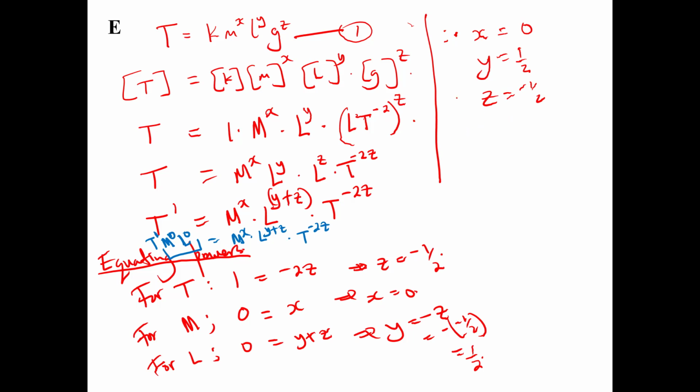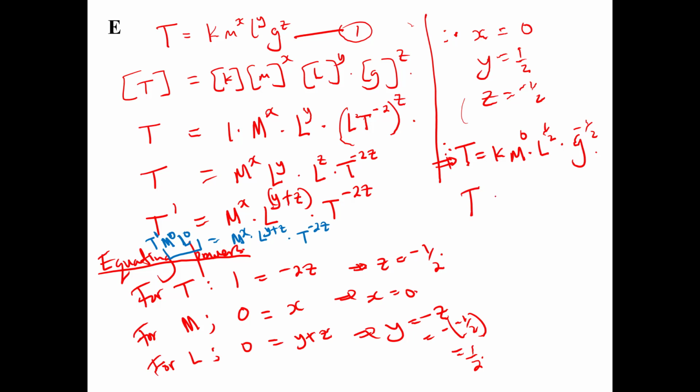And substituting all of this in our equation t, in equation 1, we shall simply end up with t equal to capital K m power 0 times L power a half times g power negative a half. Anything power 0 is equal to 1.